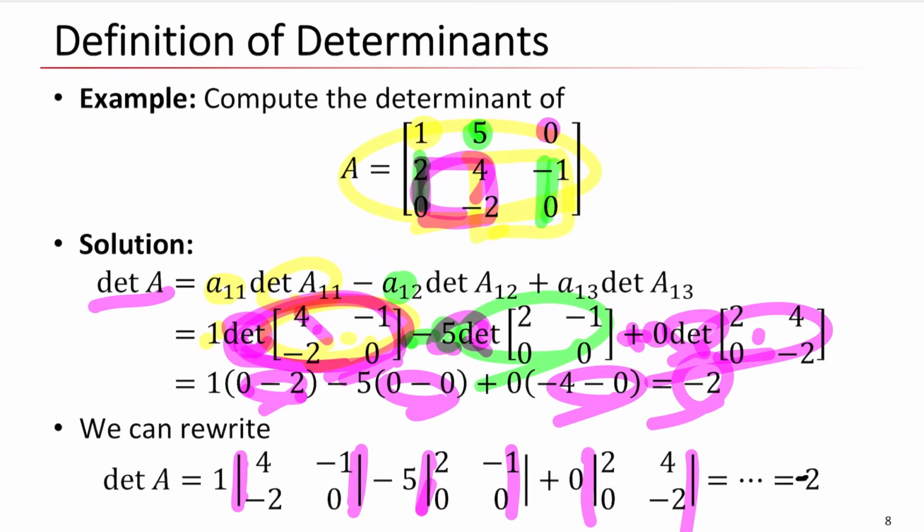Anyway, this is the systematic way to compute the determinant of a larger matrix.